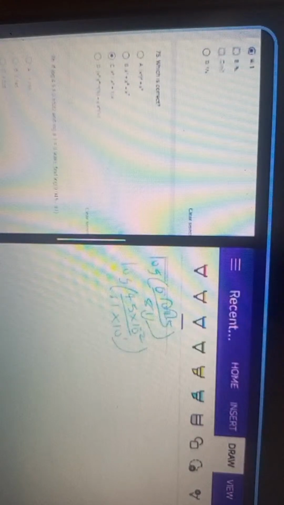So if I take the numerator, it will be logarithm of 4.5 times 10 to the power of minus 2, and this times will change to plus logarithm of 10 to the power of minus 2, divided by the denominator, which is logarithm of 8.1 times 10, where the times will change to plus.